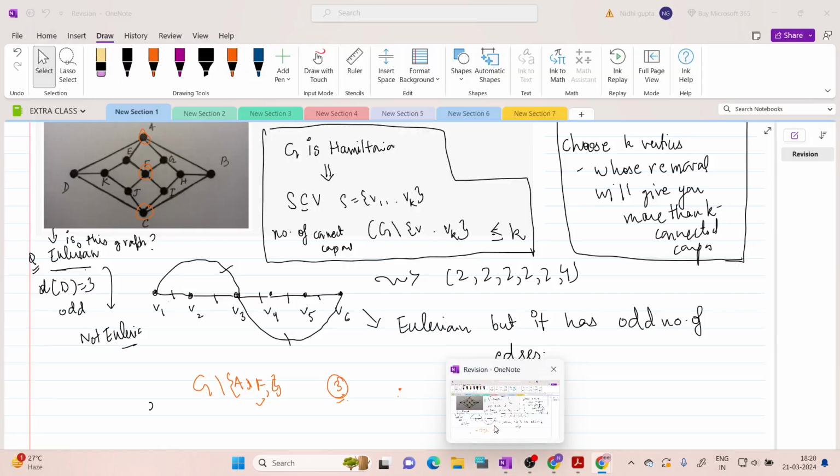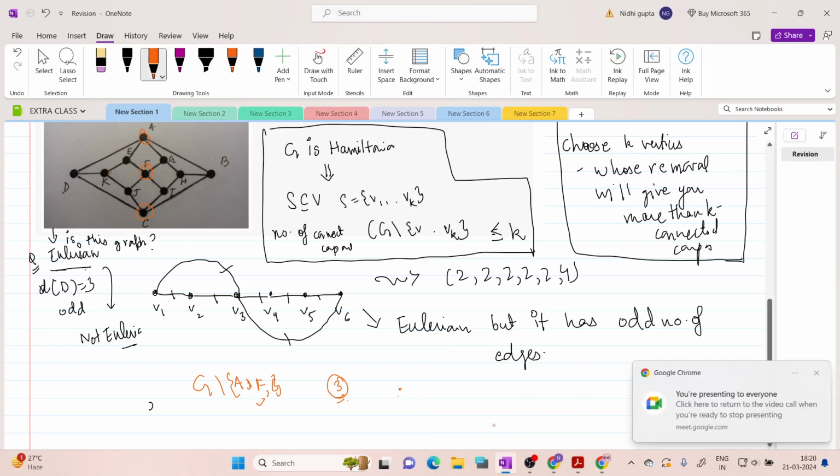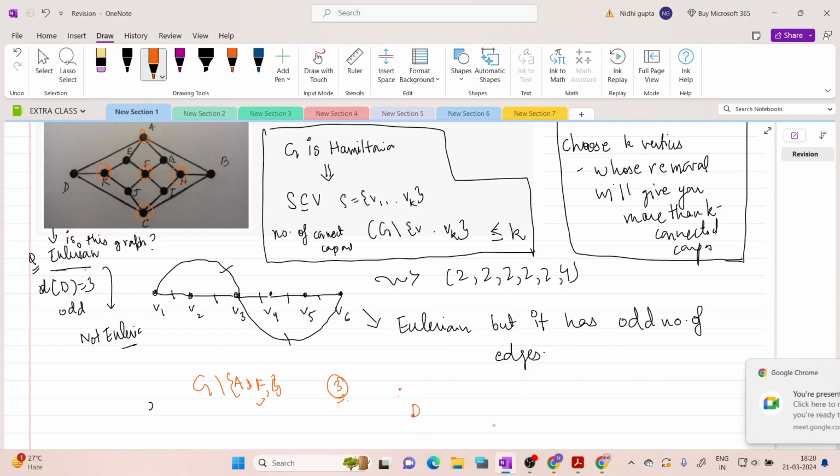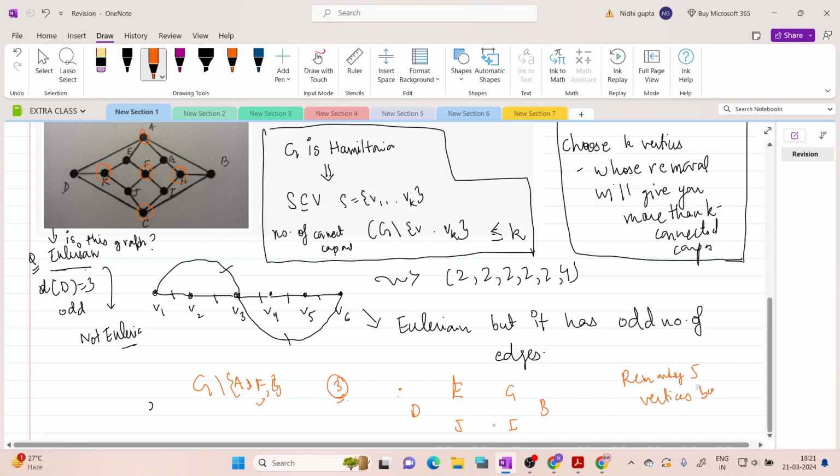Okay, right. So if we remove these vertices A, F, C, K, H, then what is the resultant graph? We'll see that all the vertices become isolated. That is, the resultant graph is D, E, J, G, I, B. So we are removing 5 vertices, but we are getting 6 components.